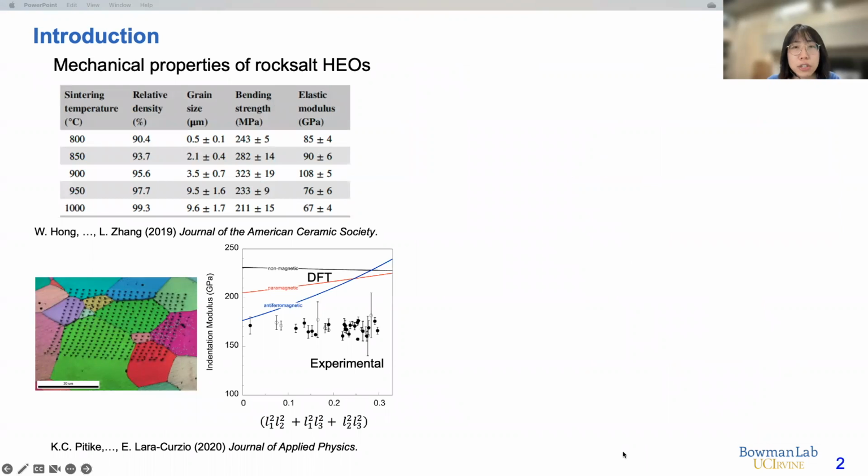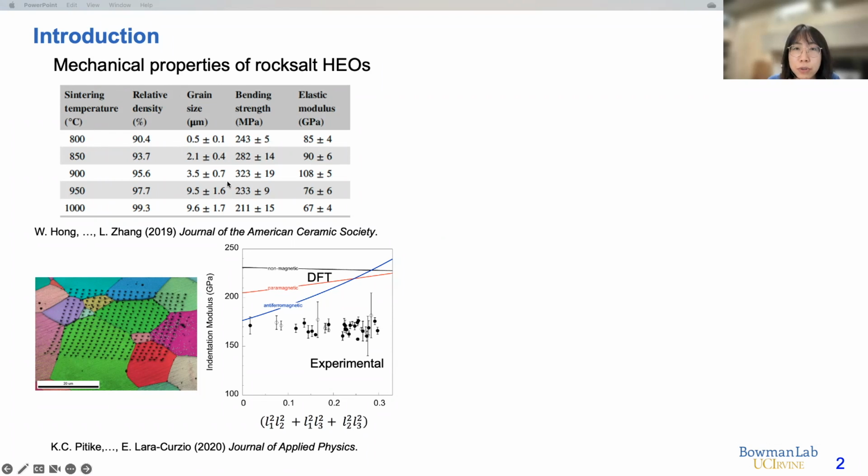In the literature, if you read papers about high entropy oxide, the mechanical behavior of HEOs has received far less attention compared to their functional properties. Among those few studies, Hong et al. examined the bending strengths of HEOs and reported a trade-off between the grain size and the mechanical behavior, as shown here in this table.